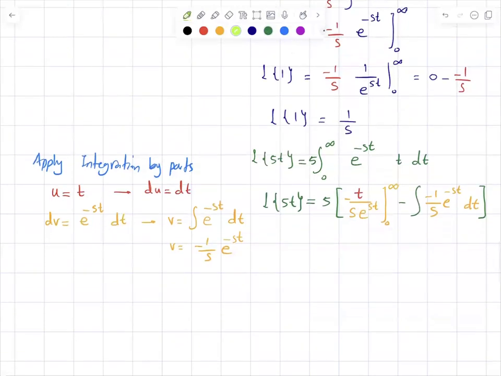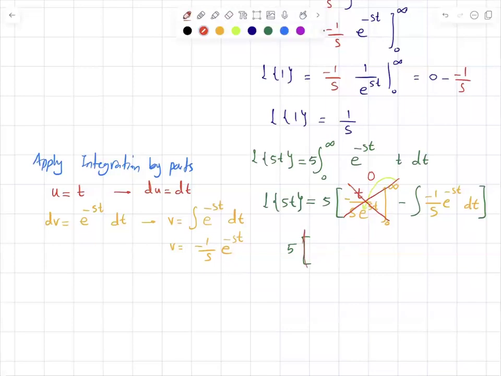Again, please pay attention here. If I plug in infinity, the denominator goes to infinity much faster than the numerator. This becomes 0. So far we have a 5 multiplied by a 0, minus, you have another negative sign, but this is also 0. If I plug in 0 for t, this becomes 0 as well. So this is going to be just 0 no matter what. You can just erase this part.